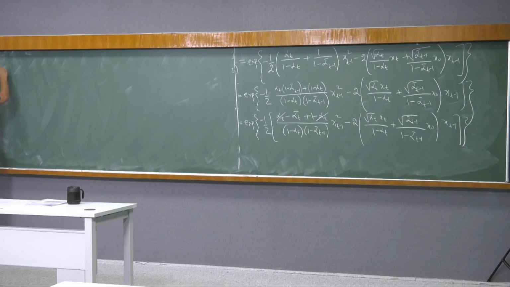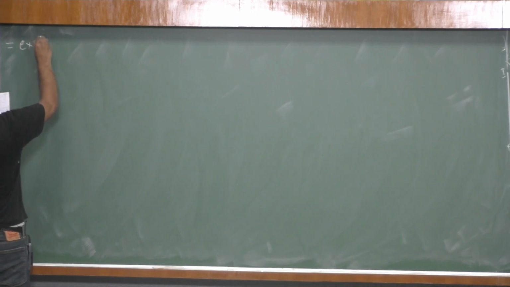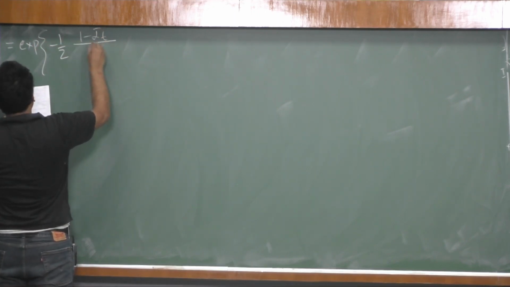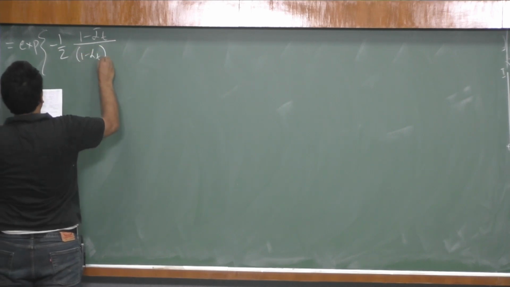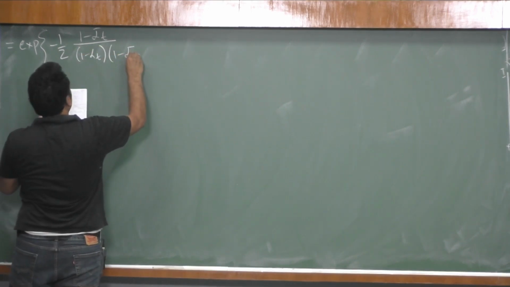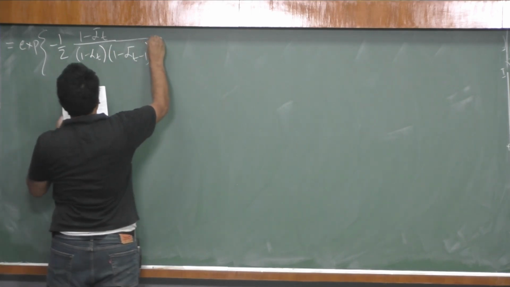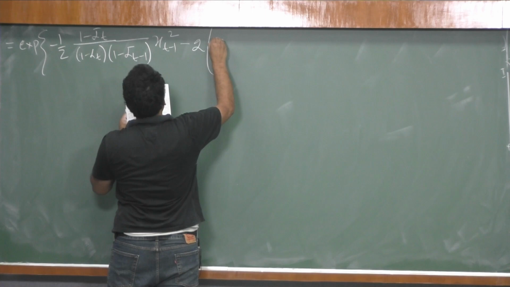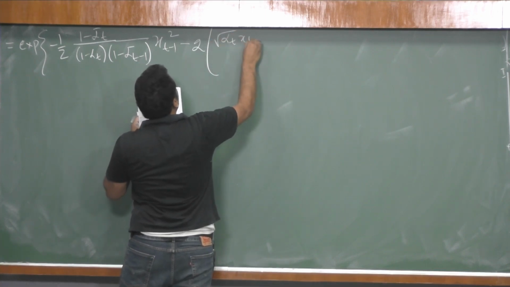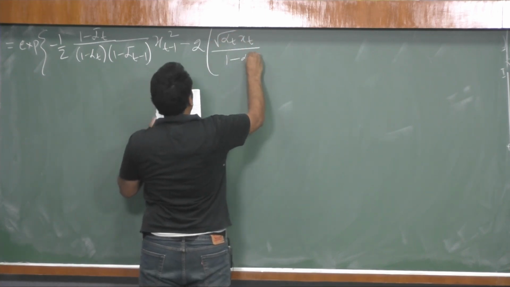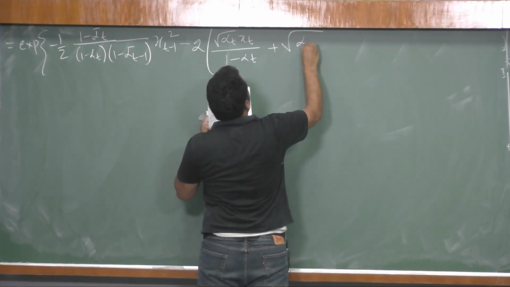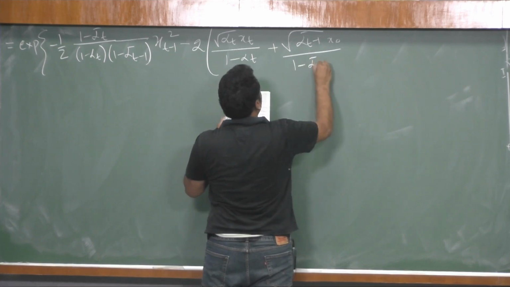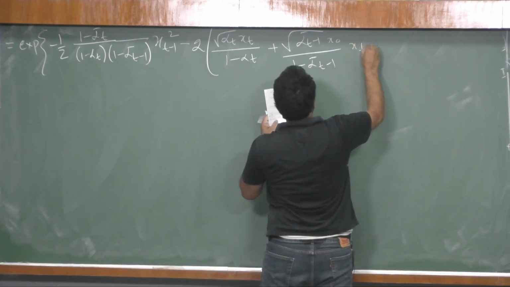a simplified form is exp minus half alpha bar t, 1 minus alpha t, 1 minus alpha bar t minus 1, xt minus 1 squared minus 2 square root of alpha t xt divided by minus alpha t alpha bar t minus 1, x naught divided by alpha bar t minus 1.